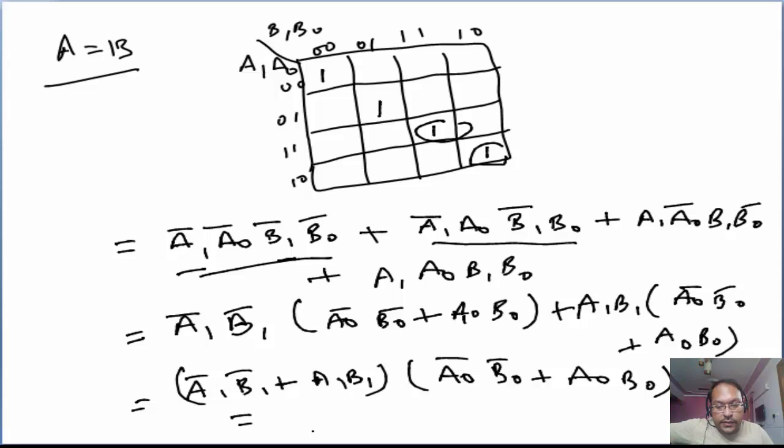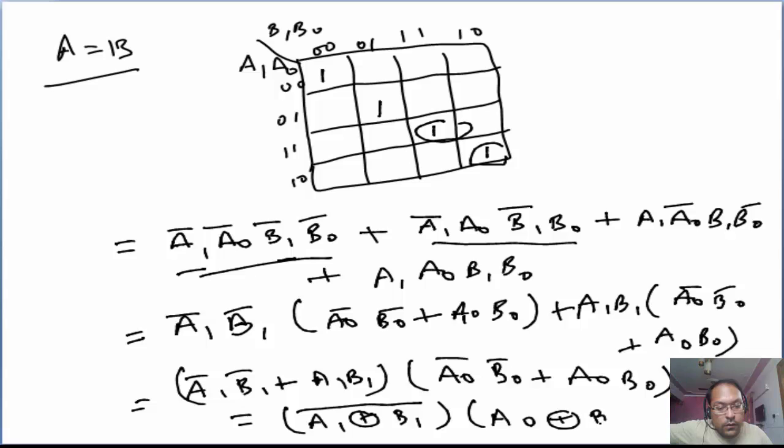And finally this can be written as a1 b1 XNOR. This is nothing but XNOR of a1 and b1. Similarly, this can be a0 b0 XNOR.